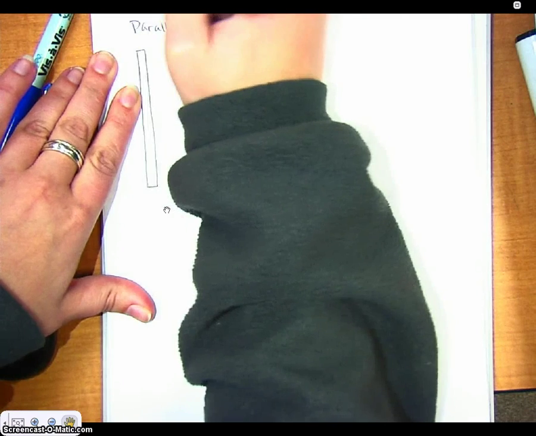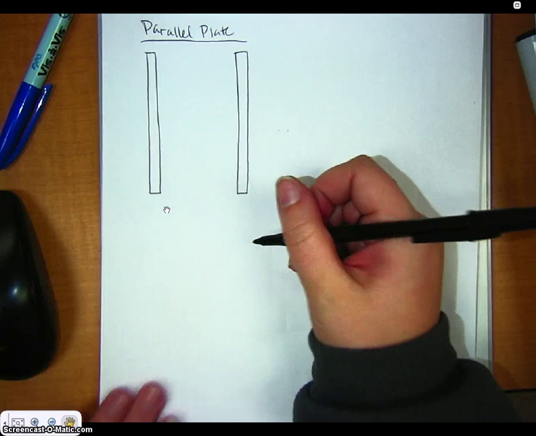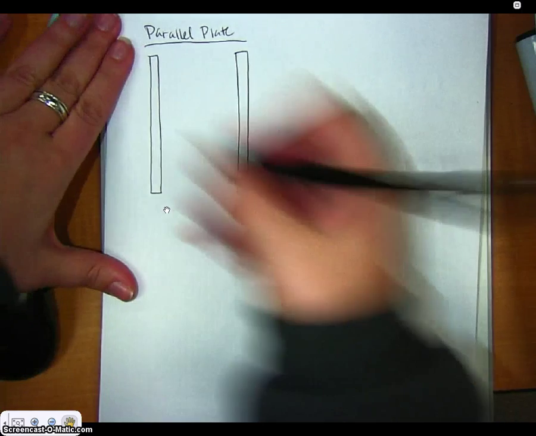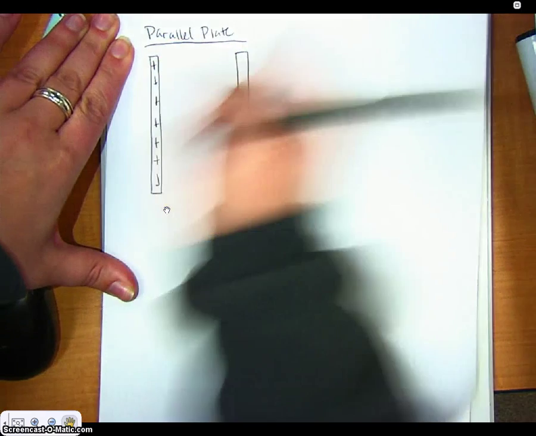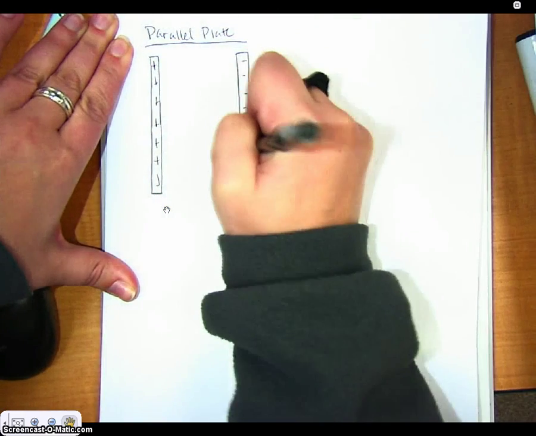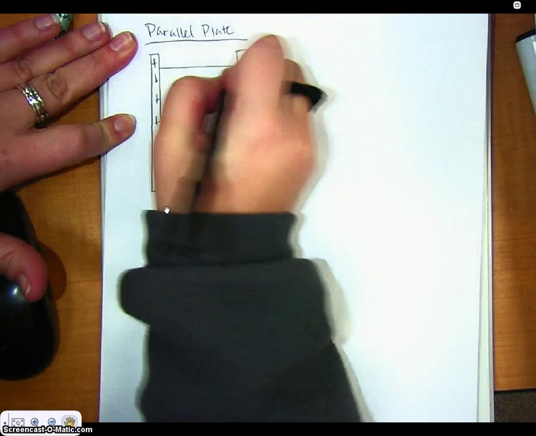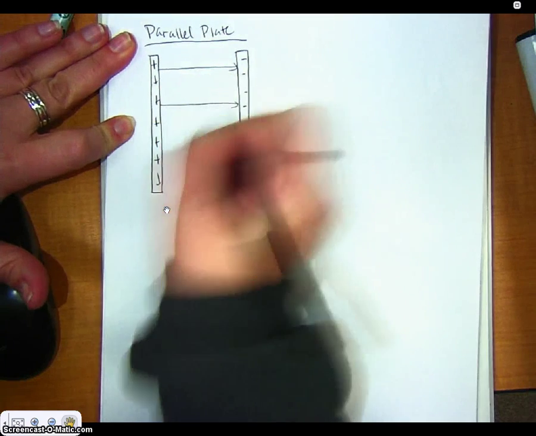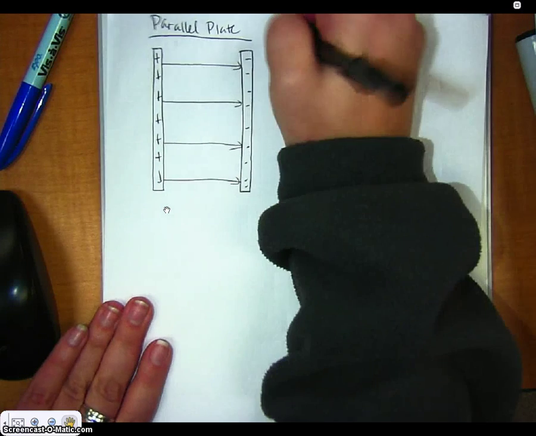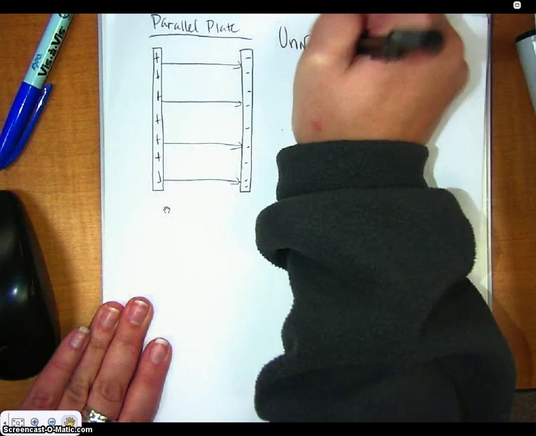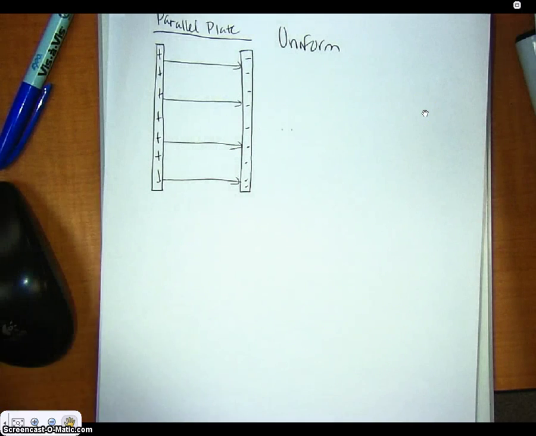If we have two metal plates across from one another, and let's say one of the plates is positively charged, and we'll talk about how all this can actually happen, and a negatively charged plate, you're going to have a uniform electric field that occurs in between them. So this is an example of a uniform field.